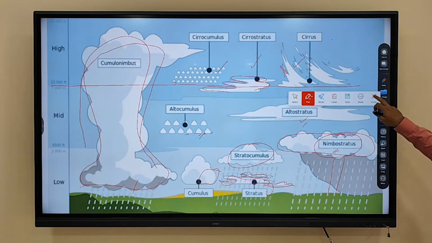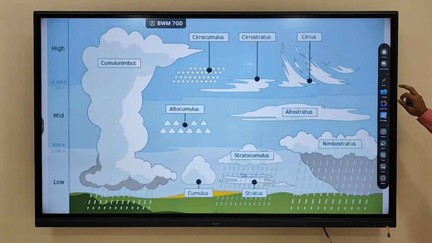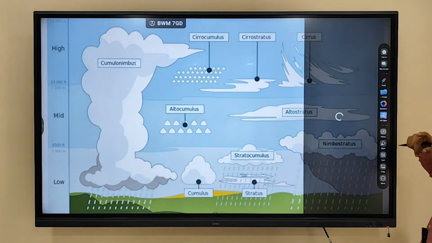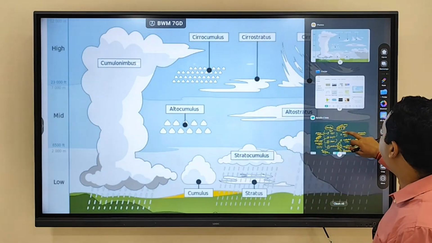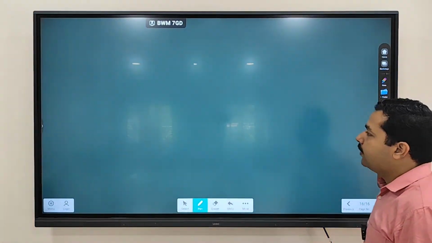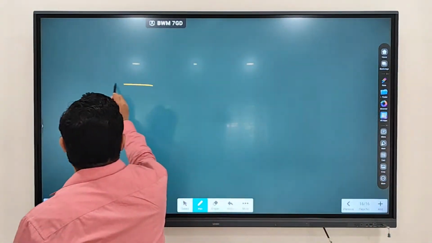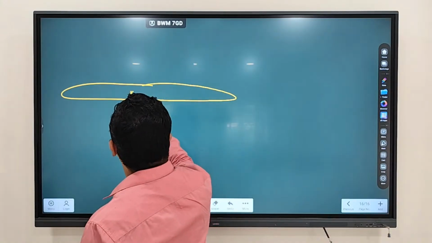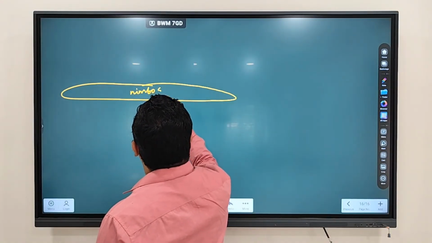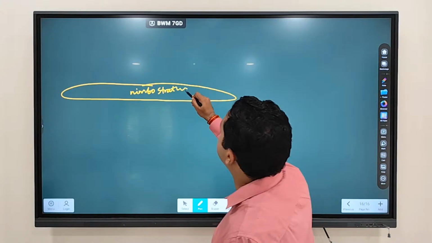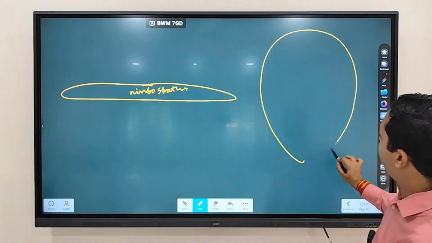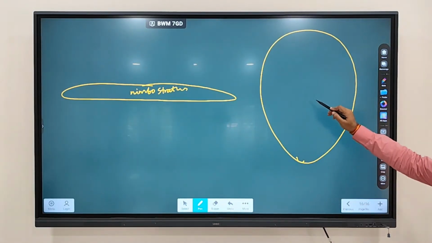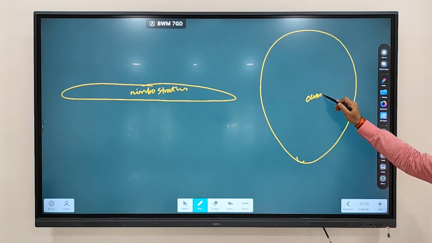So you are finding two types of clouds. One is like this, that is nimbostratus, and one is like this, which is a cumulonimbus.